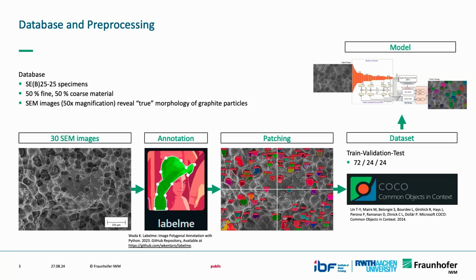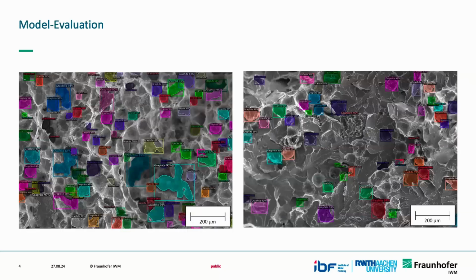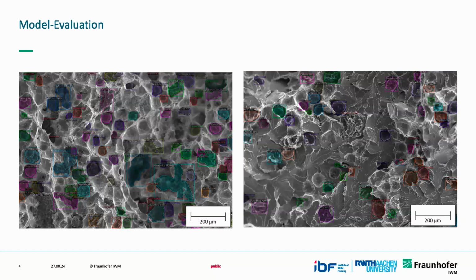Then we had to patch it, which basically means we just split up the image so we can process it more efficiently. And then we come up with a train, validation, and test data set of about 150 individual images, and then we can train a suitable AI model to detect the particles. Okay, so what you're going to see here are two representative images of microstructures.